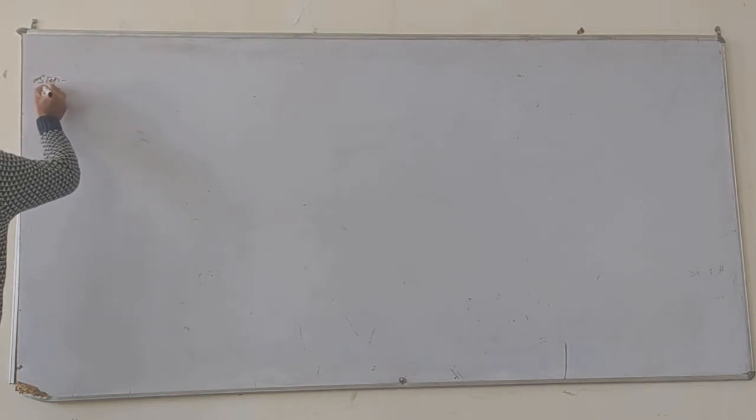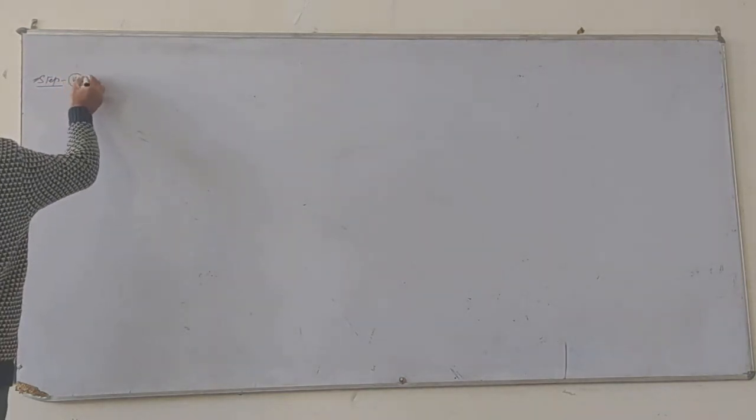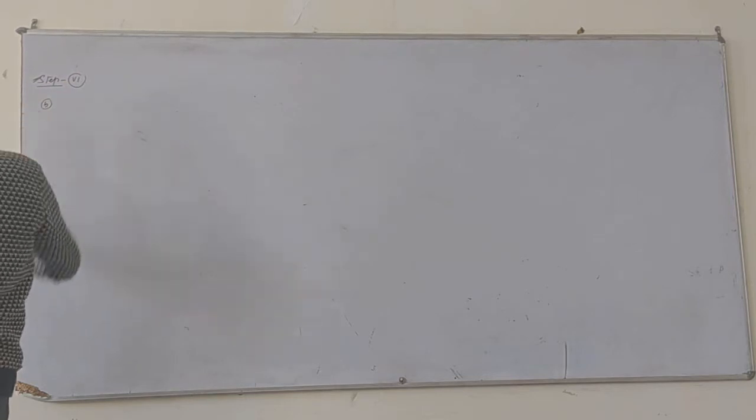Now let's suppose I have a transfer function like this. We'll continue with the same point, how to find the breakaway and break-in points. What's the step number here? 6. So we'll continue with step 6, which should be part B of it.